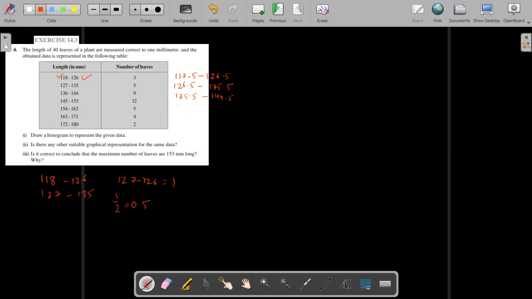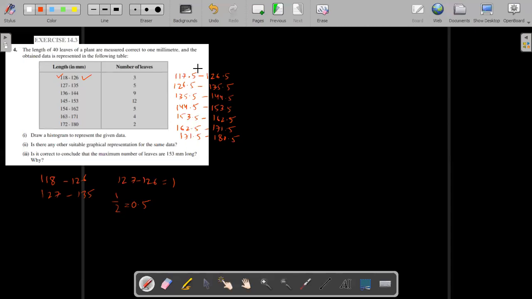Like this you can easily make the intervals: 144.5 to 153.5, then 153.5 to 162.5, then 162.5 to 171.5, then last 171.5 to 180.5.